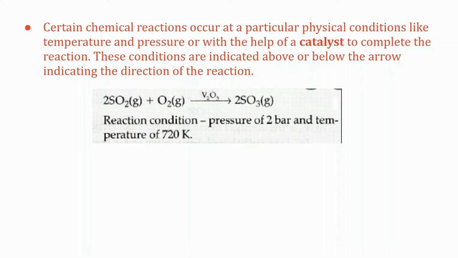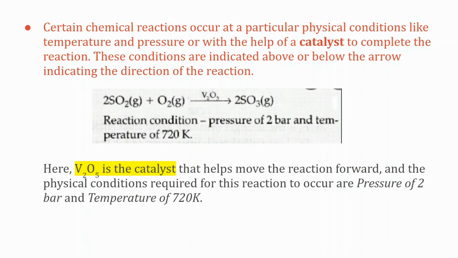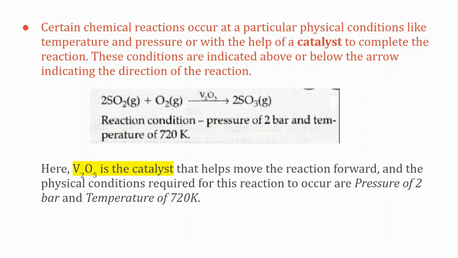This point is also one of the important points. Here V2O5 is the catalyst. As I said, V2O5 is the catalyst that helps move the reaction forward, and the physical conditions required for this reaction to occur are pressure of 2 bar and temperature of 720 Kelvin.